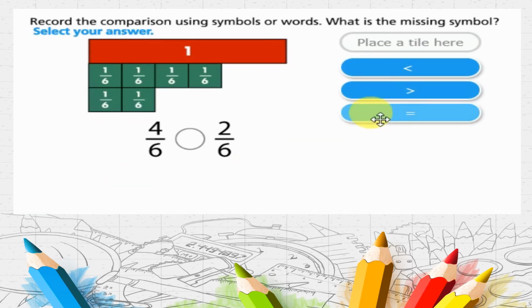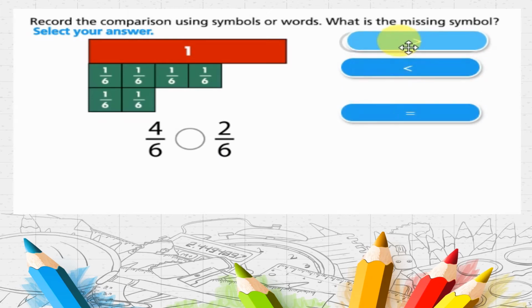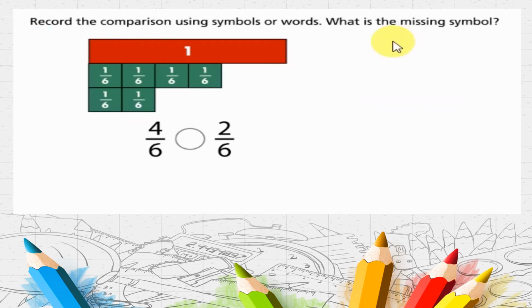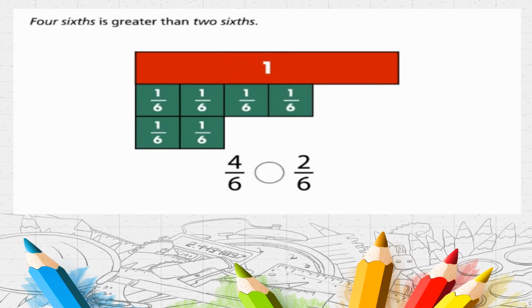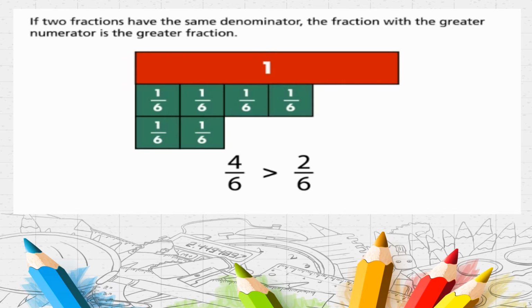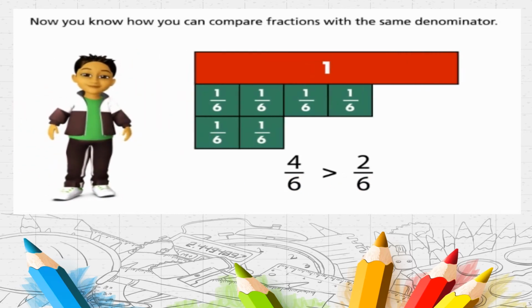Select your answer. Four-sixths is greater than 2/6. If two fractions have the same denominator, the fraction with the greater numerator is the greater fraction. Now you know how you can compare fractions with the same denominator.